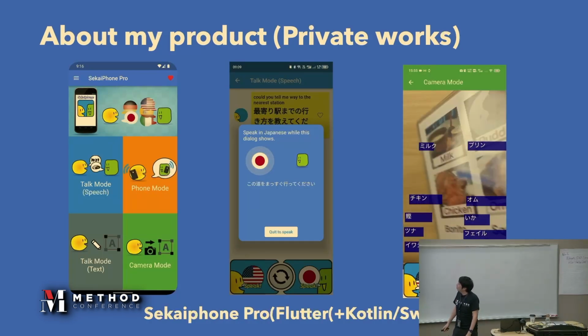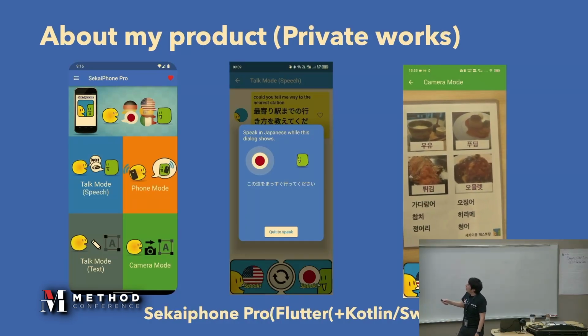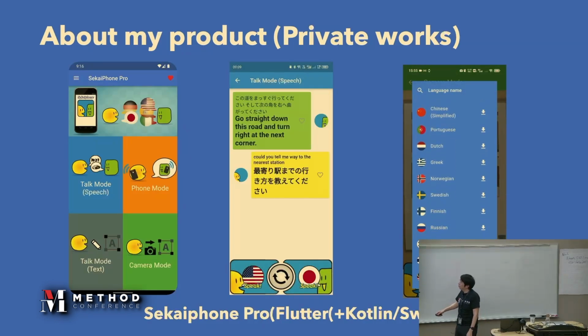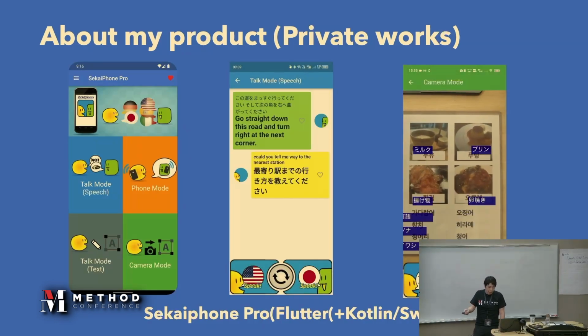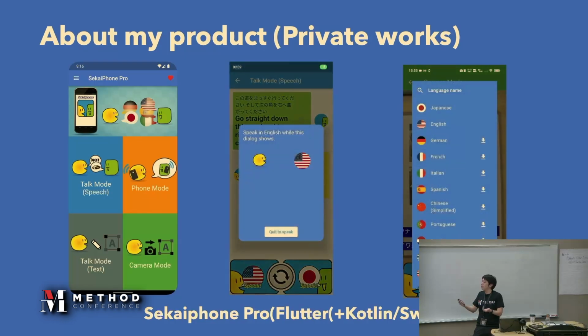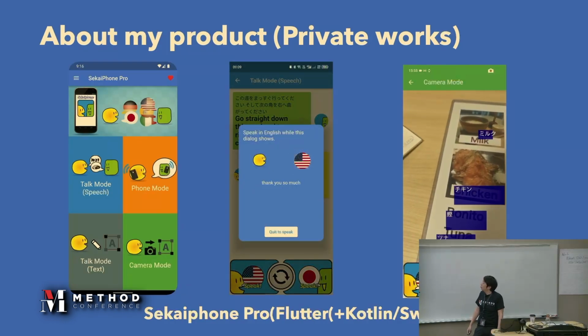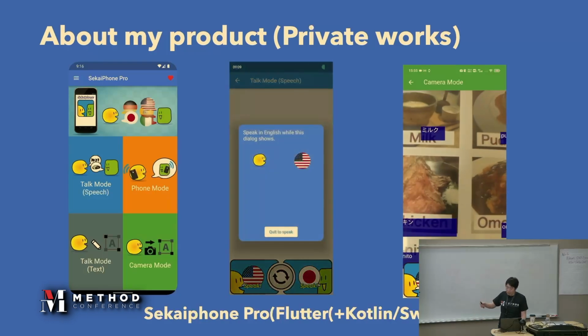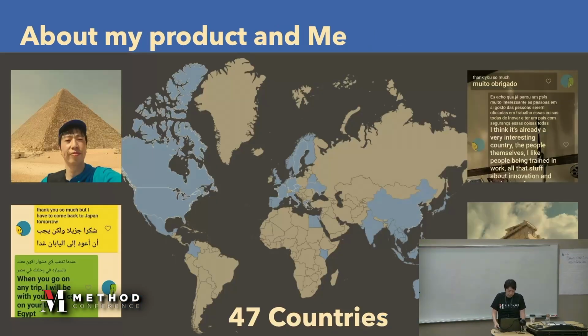This is a real-time speech translation app, and I developed this app with Flutter, Kotlin, and Swift. To develop this app, I used some generative AI to accelerate our development speed. That's the purpose of my background. With this app, I visited some countries.